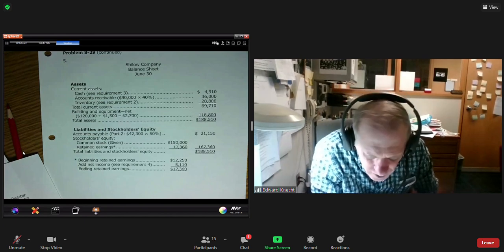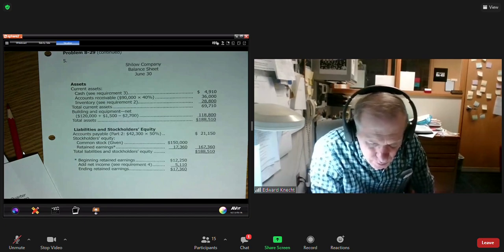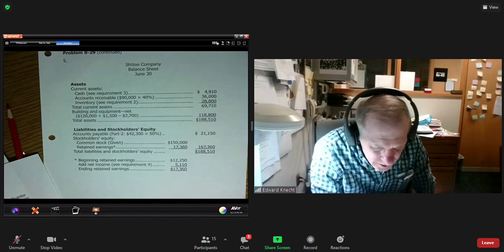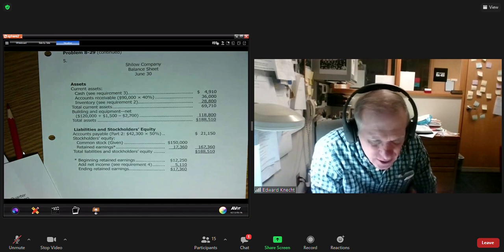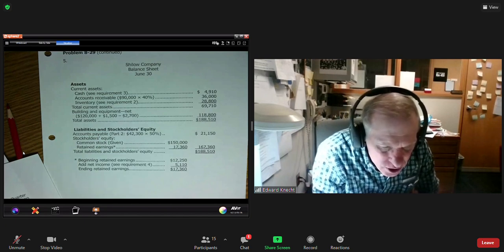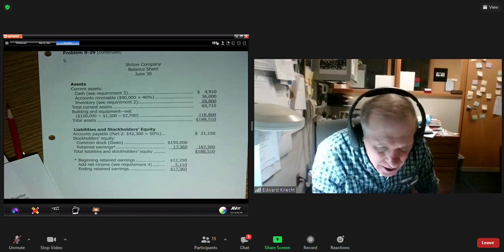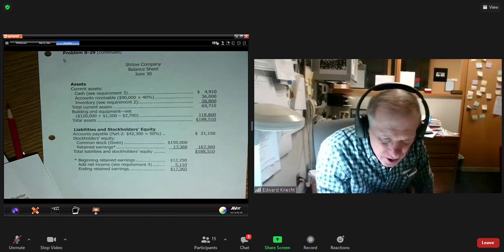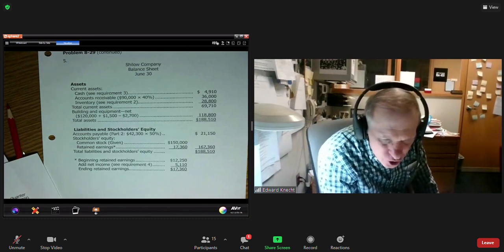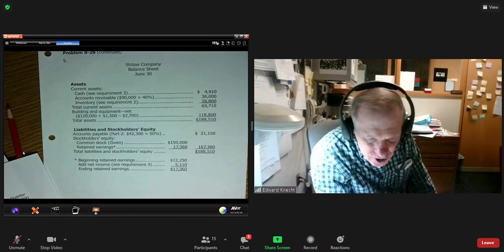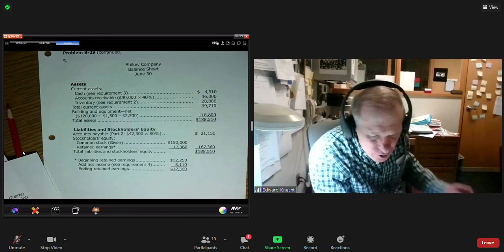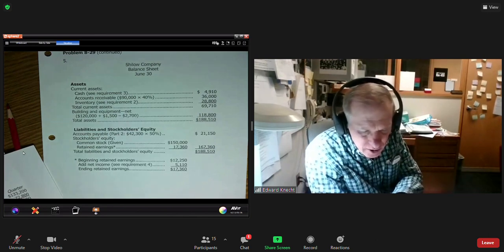The rest of it, the other 40%, is going to be collected in May. So then what are the credit sales collected in April? That's why they gave you March's actual sales, because 60% was collected in March, and that means 40% is collected in April. So what's 40% times 50,000? 20,000 collected in April. See?